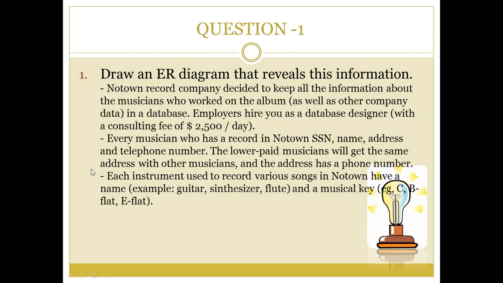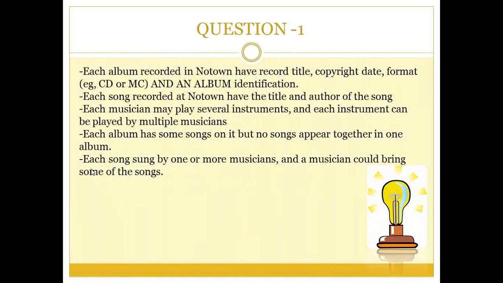Each instrument used to record various songs in Norton has a name, for example guitar, synthesizer, flute, and a musical key, for example G, B flat, and E flat. Each album recorded in Norton has a record title, copyright date, format, e.g. CD or MC, and album definition.